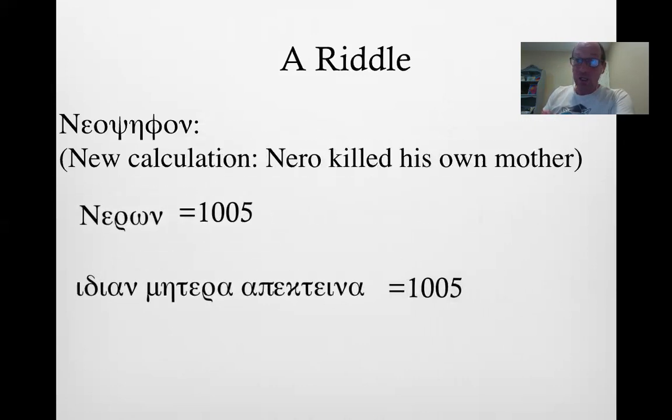Nero, in Greek, adds up to 1005. And killed his own mother adds up to 1005. Oh, sorry, he did kill his own mother. That's the point of this. He killed lots of people in his family because he became paranoid, like Herod did, paranoid of people taking over from him. Okay, but there you go. You've got that calculation now.